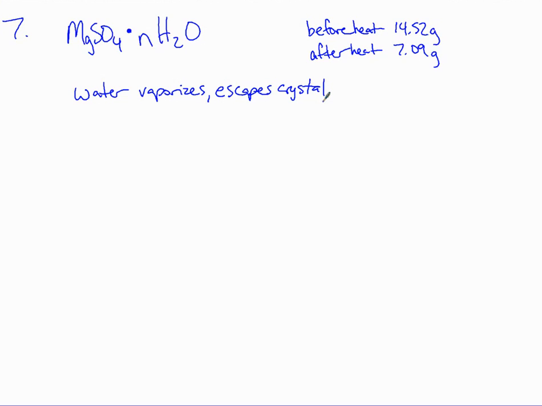Find the empirical formula of the product. Excuse me, that's number 6. Find the formula of the hydrate. Okay, so we want to know about the water. We want to know about moles of H2O up here.